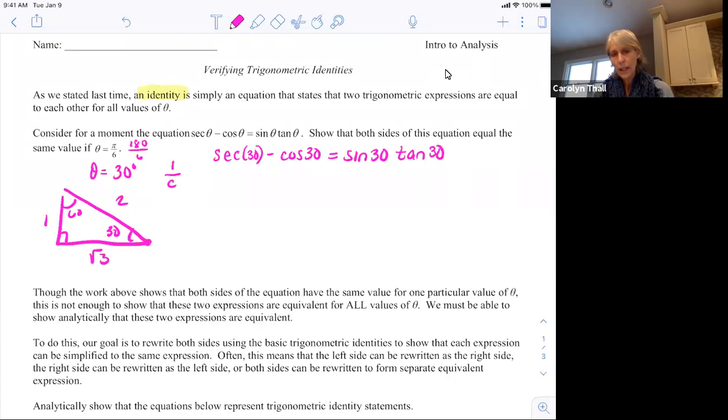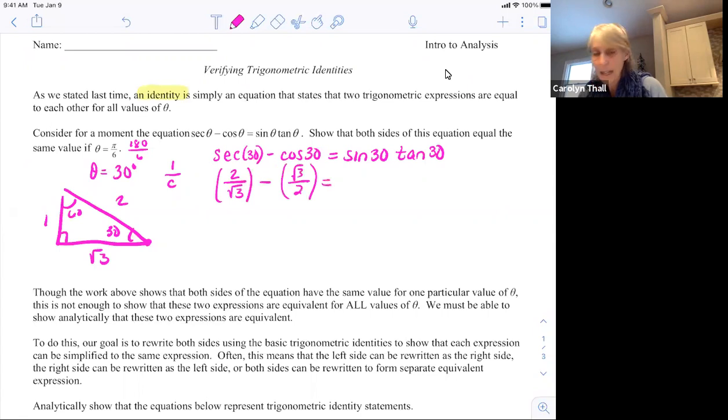We could write it like that, or we could do the cosine and flip it. The cosine would be adjacent over hypotenuse, so the secant is 2 over rad 3. I'm just going to leave it like that for right now, and I'll do my math later. And my cosine of 30 is rad 3 over 2.